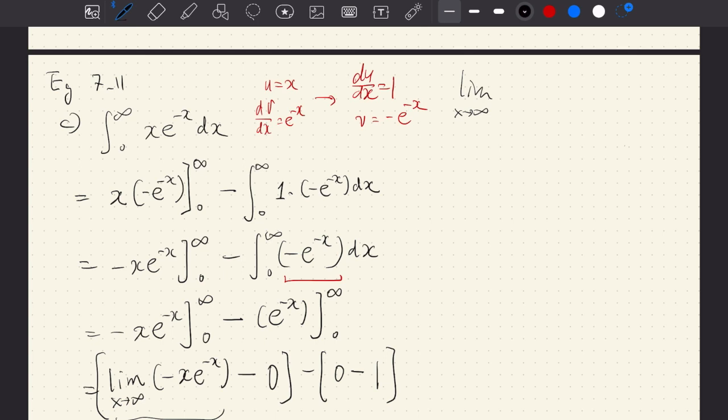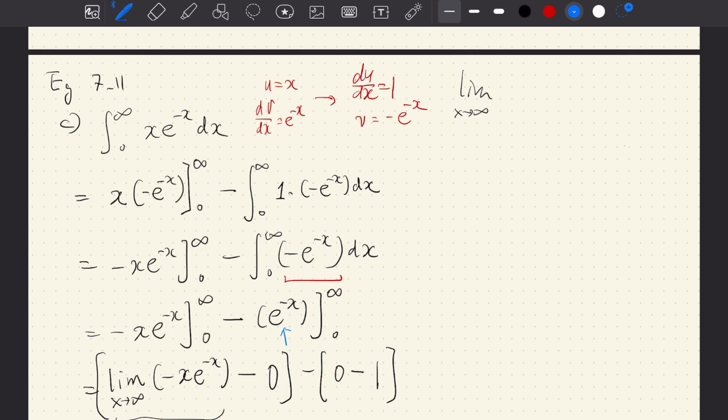For limits, the first thing we do is the plug-in method. When x goes to infinity, e to the negative x goes to 0, as we used in the other term.